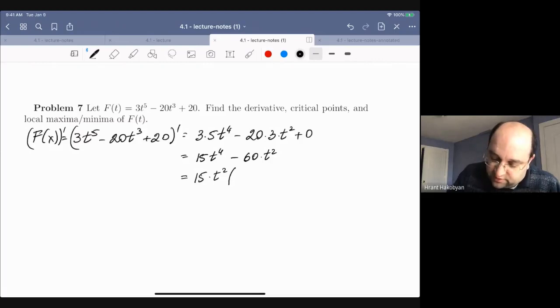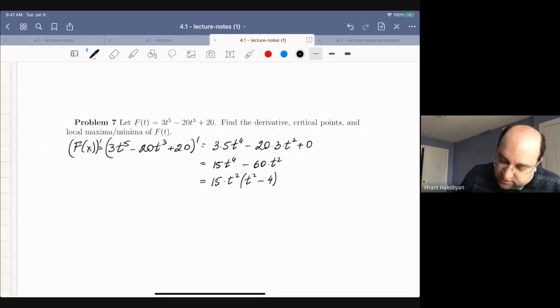If I factor out 15t squared from that, then I'm left with t squared, and then I have 60. Well, 60, if I factored 15 out, is 4 times 15, so it's going to be t squared minus 4. It's just arithmetic. There is nothing complicated here. Just factor it out. So that's my derivative. So the next thing is critical points.